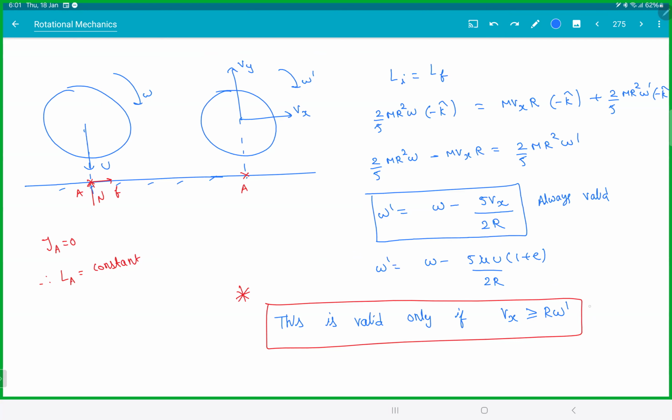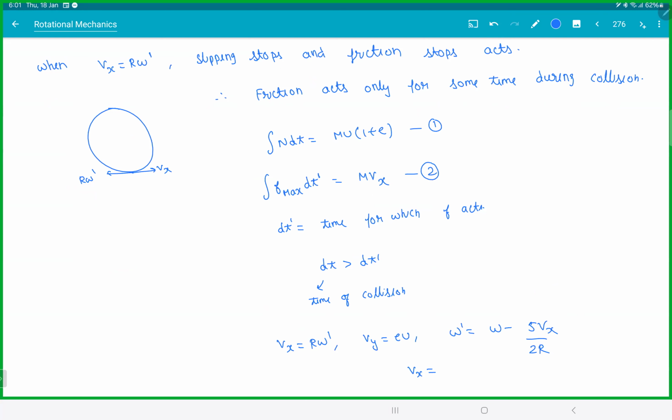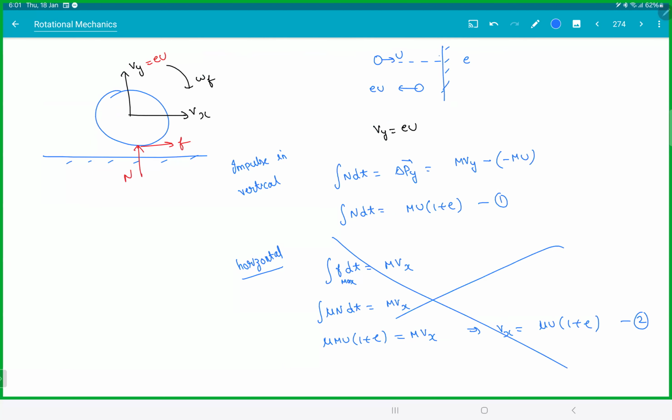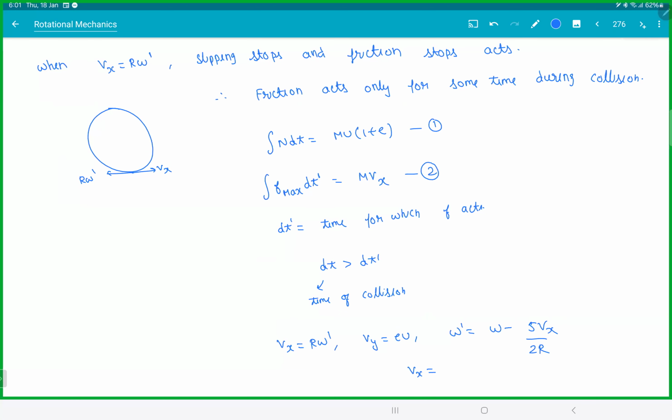If Vx is greater than R omega dash, your life is happy, the question is over. But if it is less, you have to go back again. You will not do the whole problem again. You can still use this result, but you lost the other result, which becomes wrong. In return, you got one more result: Vx is equal to R omega dash because the friction stopped. Are you getting what happened there?